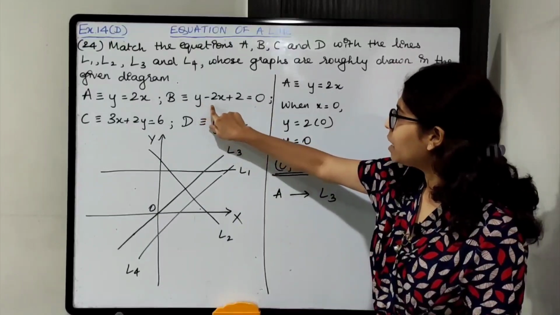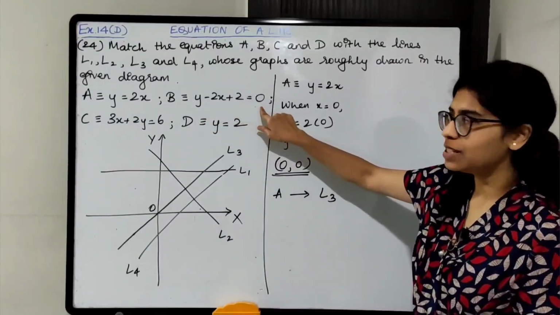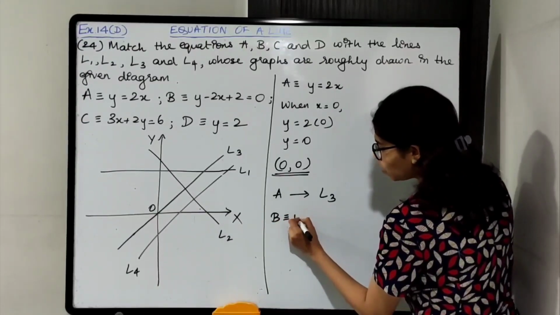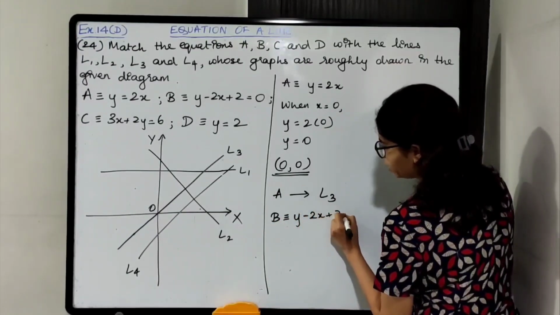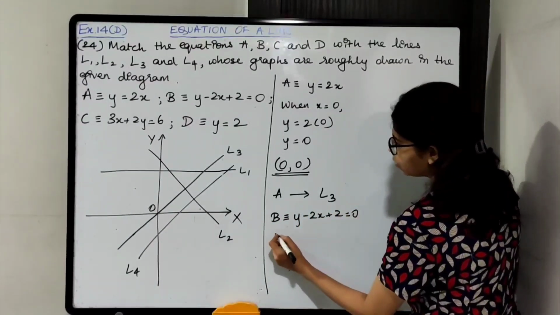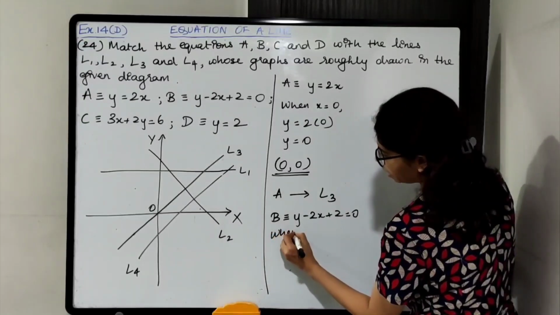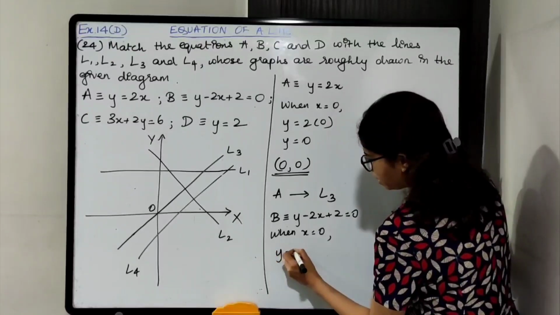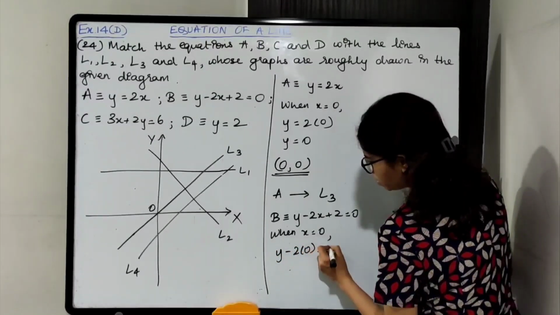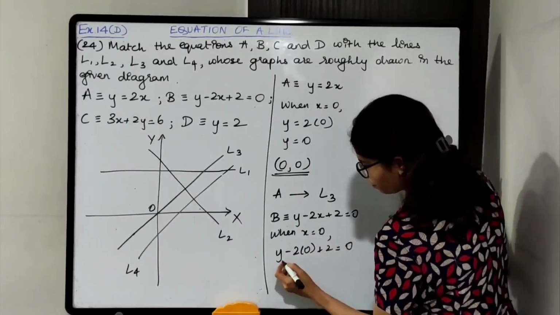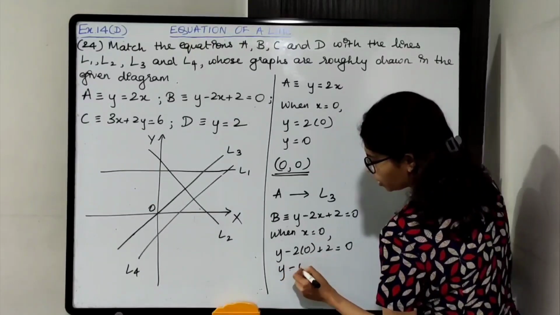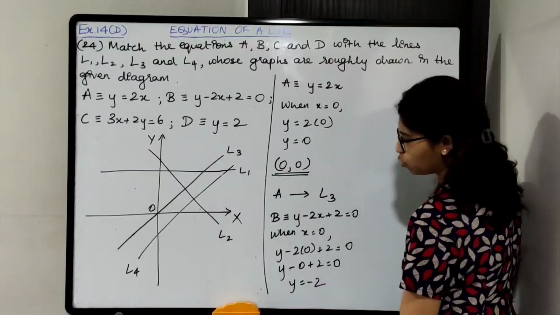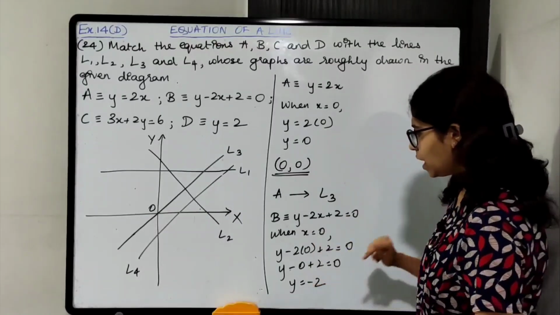Now coming to the second equation. Here y minus 2x plus 2 equals 0. So write down the equation. When x is equal to 0, y minus 2 into 0 plus 2 is equal to 0. So y is equal to minus 2. So when x is 0, y is minus 2.